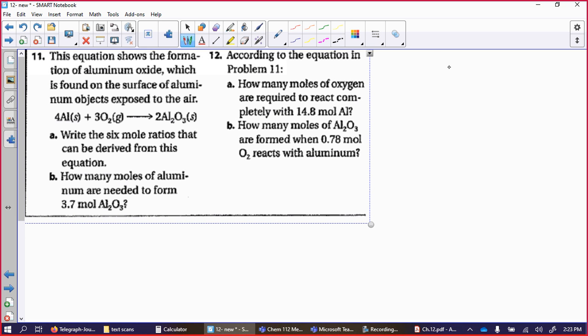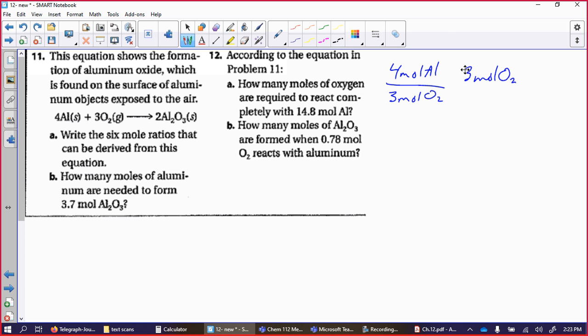So it says 6. So we have that equation. That's just aluminum oxidizing. So it says there's 6 because we have 4 moles of aluminum for every 3 moles of oxygen. But I can't say equals because it's not equals. Even though this is the same ratio, technically they're different because it's the ratio of aluminum to oxygen.